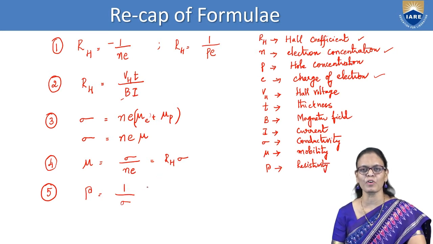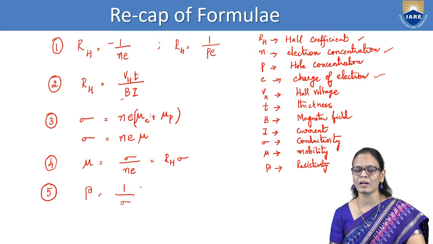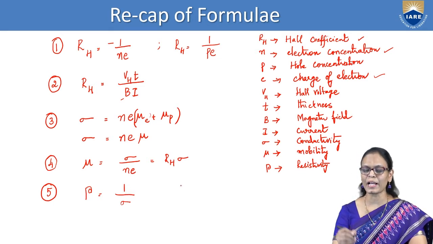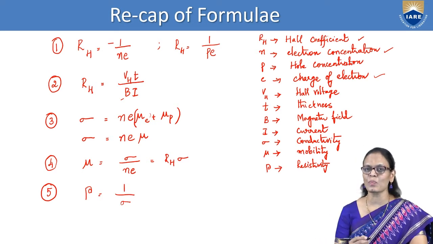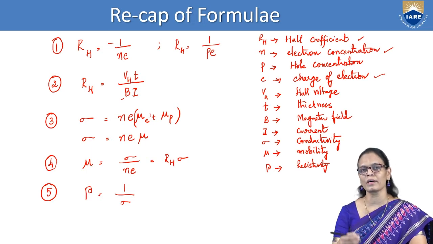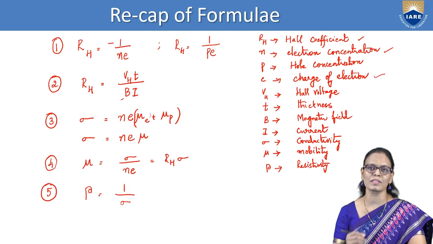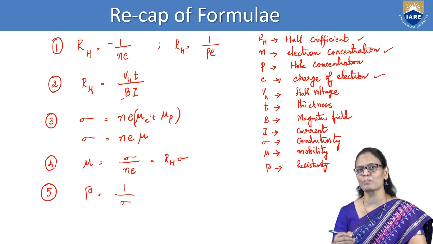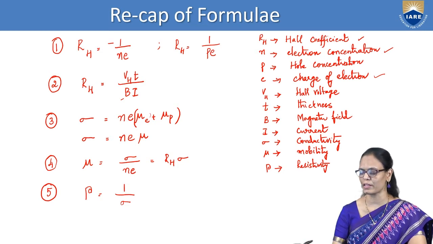They are very simple formulae, and the numericals we are going to do are also very simple. But when you are applying the formula and calculating the value, your concept will become very clear. That is why you need to do a number of numericals with different data so that your concept becomes very clear. I hope with these formulae, we will move forward with doing the numericals.